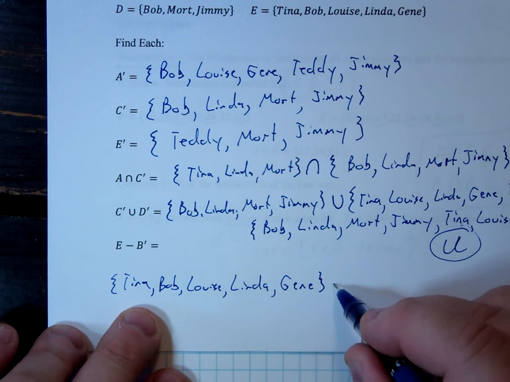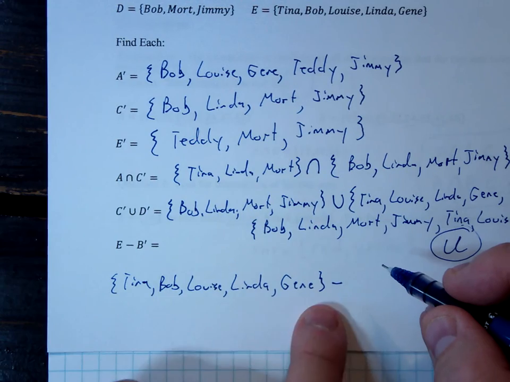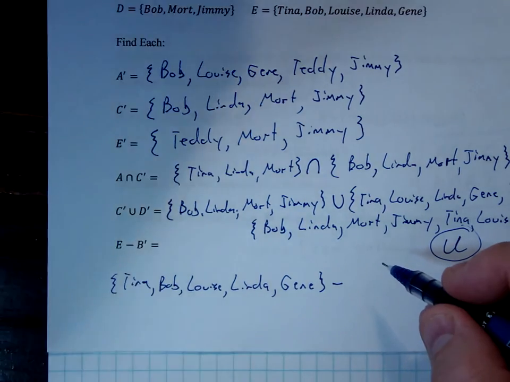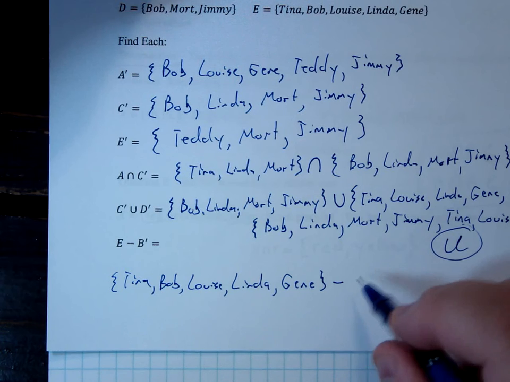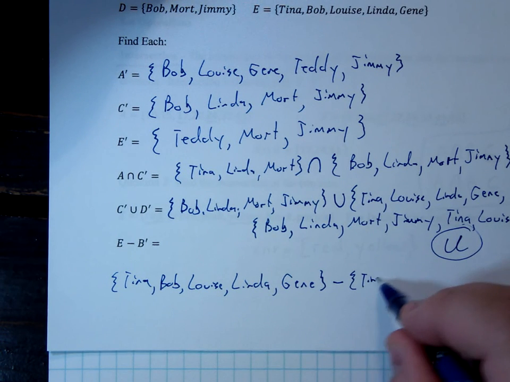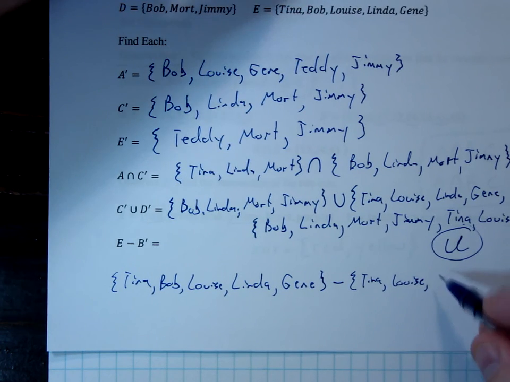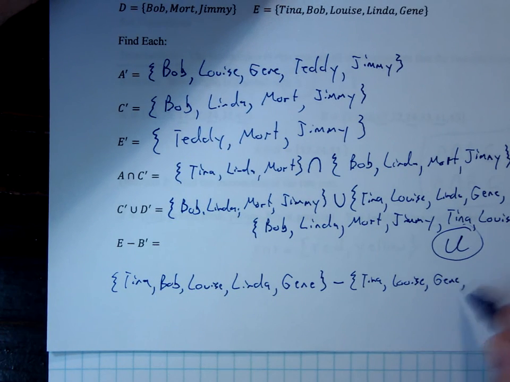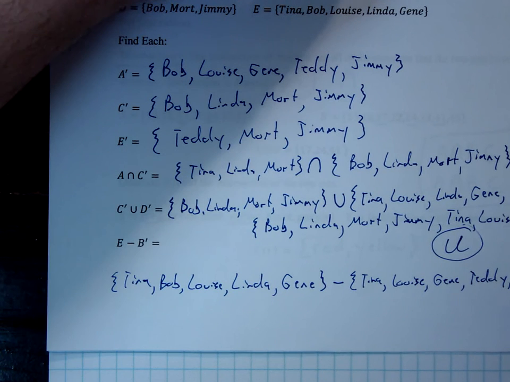Minus B prime. We haven't done B prime. Well, B is Bob and Linda, so B prime is everybody but Bob and Linda. So that's Tina, Louise, Jean, Teddy, Mort, and Jimmy.